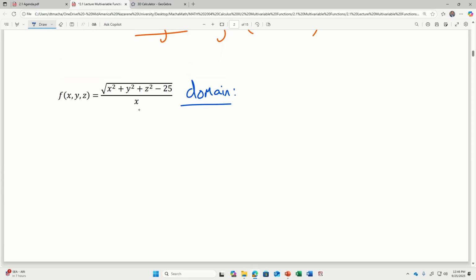One more. What's the domain of this function? X can't be 0. Very good. We can't divide by 0, so x cannot be 0.